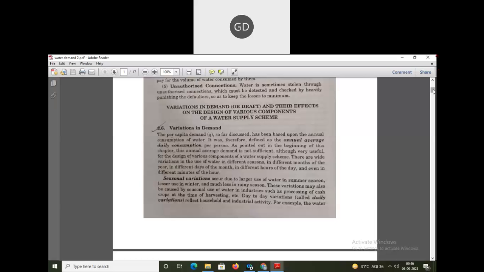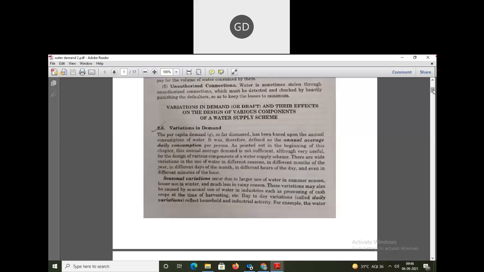The demand of water is varying in every season, in different months, in different days of the month, in different hours of the day, and even in every minute of the hour. So how is it actually varying?